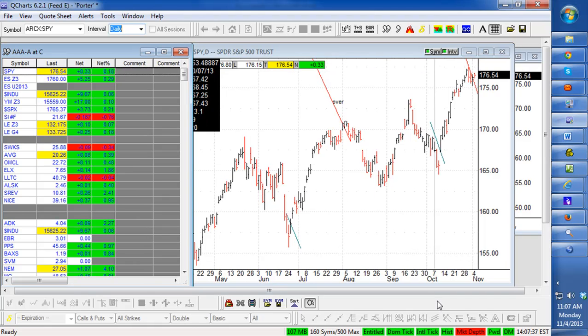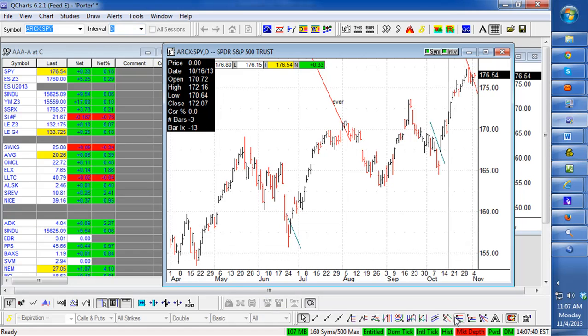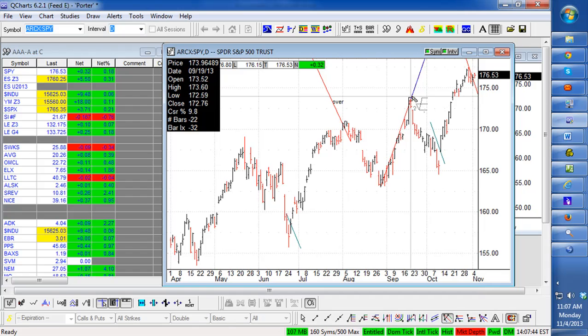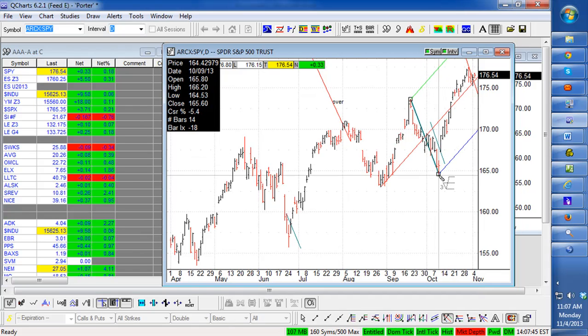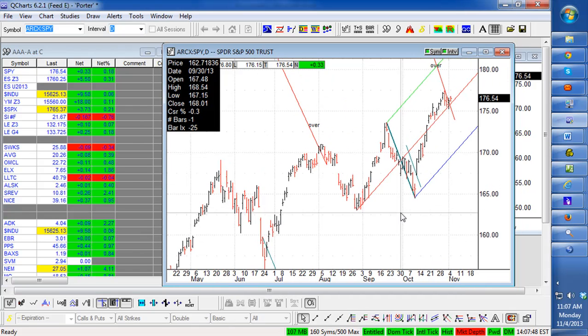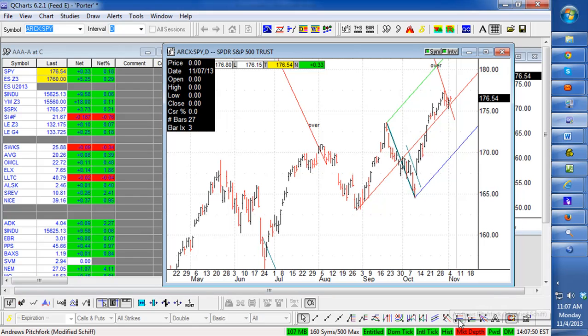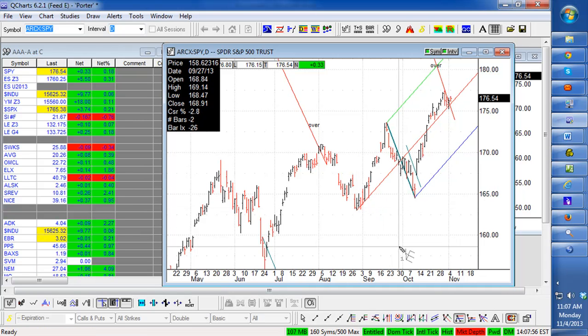Okay, so if we look at this on a daily basis, we would be looking at this one here, and just for grins we can also draw in the shift median line.